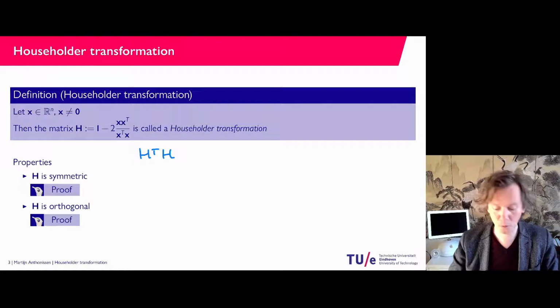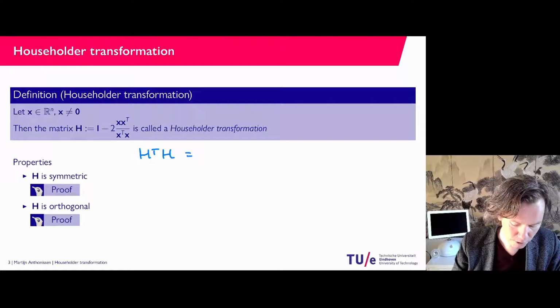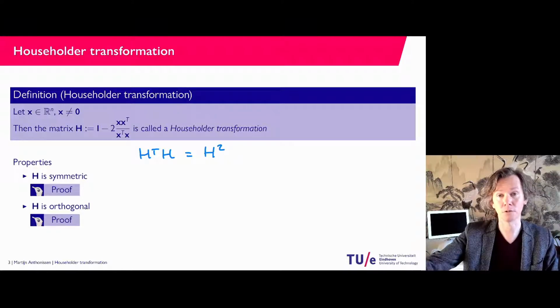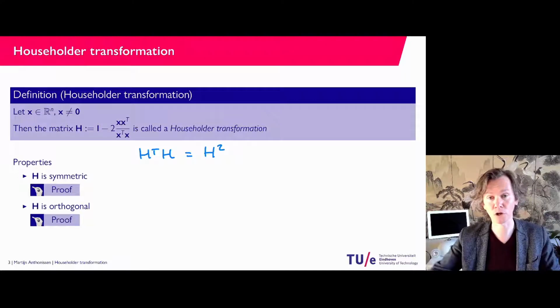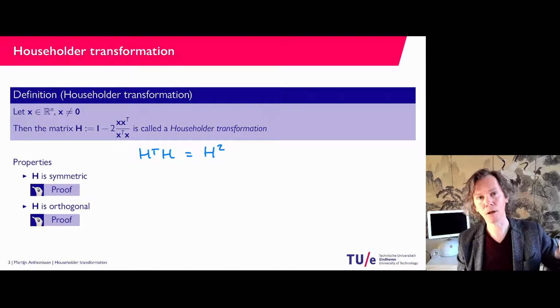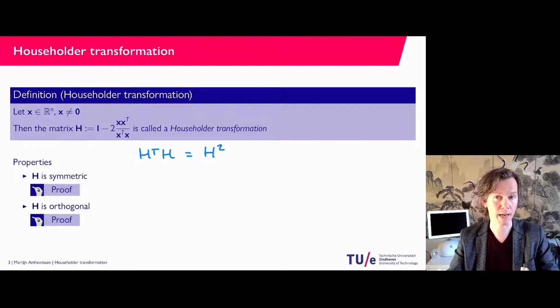We have just seen it's symmetric, so this is simply H squared. So apparently if you apply H twice, you get back where you started from. You start with the vector x, you apply H, and you apply H again, then you find your x back.